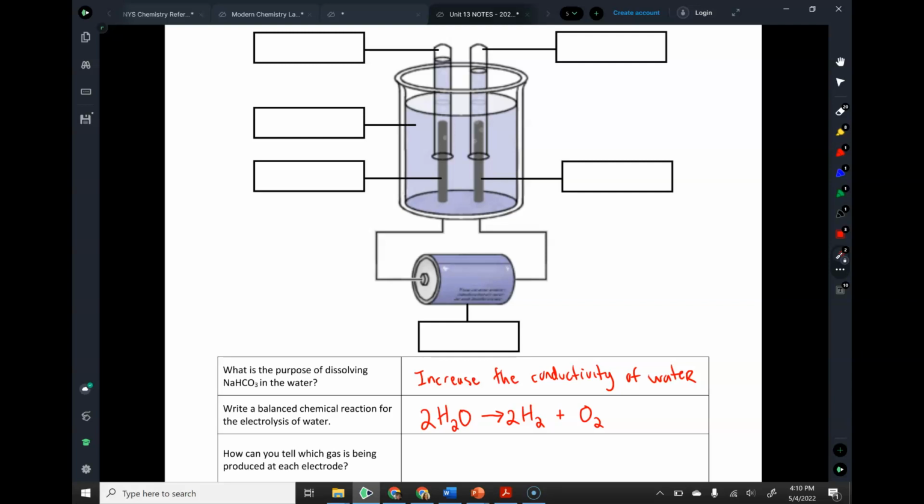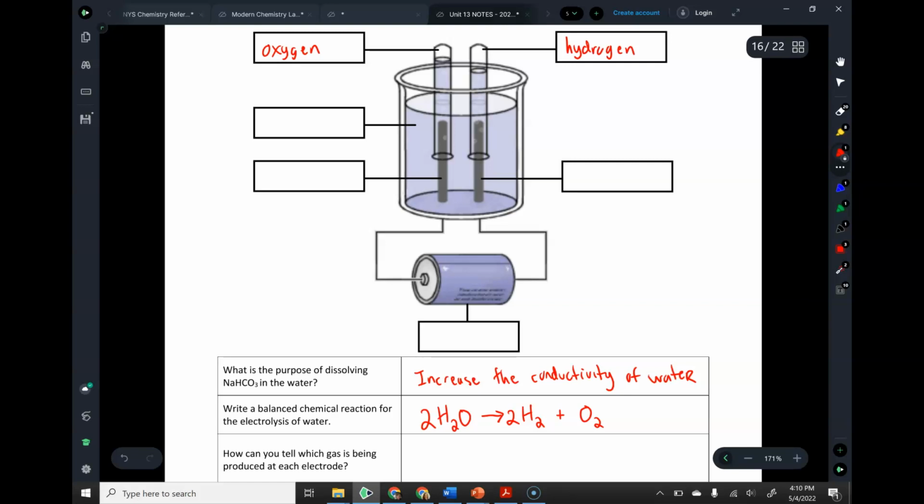Hopefully you're noticing that coefficient of 2 in front of the hydrogen. So every time you are decomposing water, you are creating twice as much hydrogen gas as oxygen gas. That means that this lesser collection of gas must be oxygen, and the one that has a greater amount of gas must be the hydrogen.